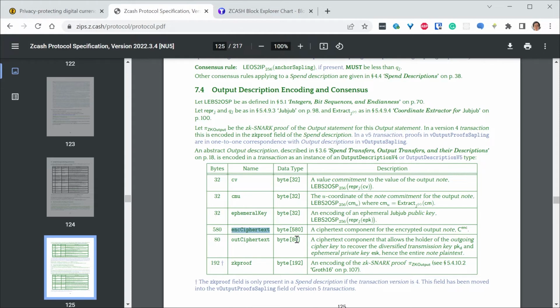For the ciphertext, we don't need the 580 because this includes the memo. We only need about 60 bytes. So we need 130 out of roughly 700, roughly 1K. So also a really big saving in size. Even if the block is full at 1 megabyte, I would say the wallet receives a tenth of that, so 100K.